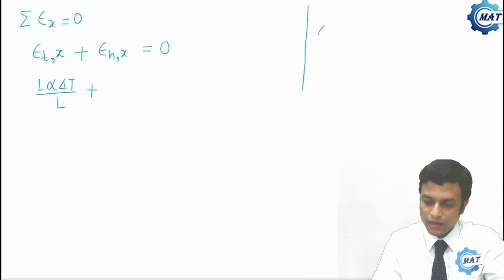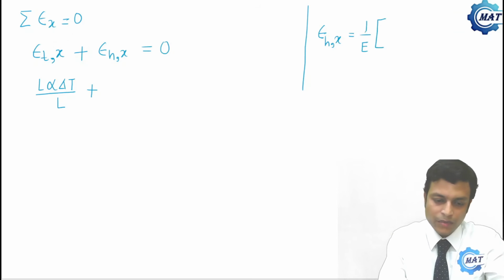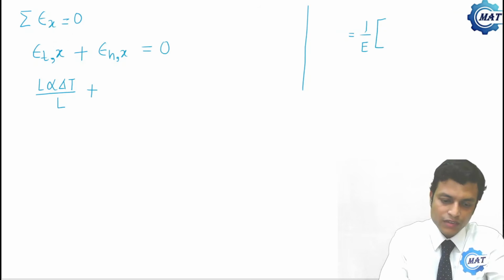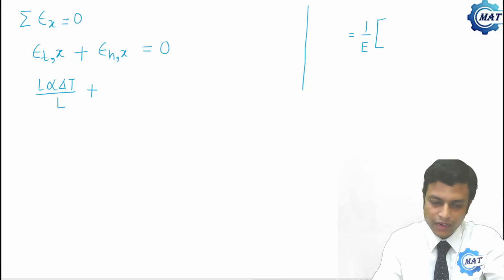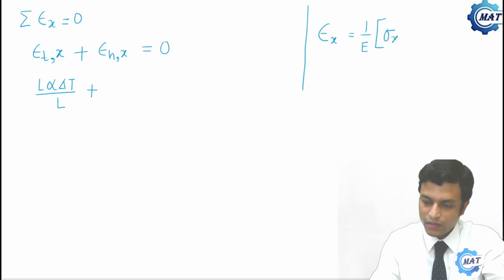We know epsilon x can be calculated from generalized Hooke's law: epsilon x equals 1 by E into sigma x minus mu times sigma y plus sigma z.